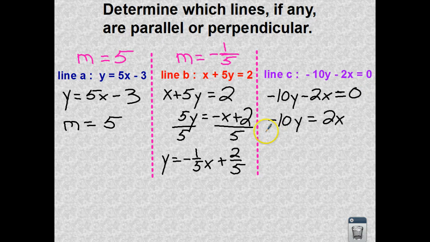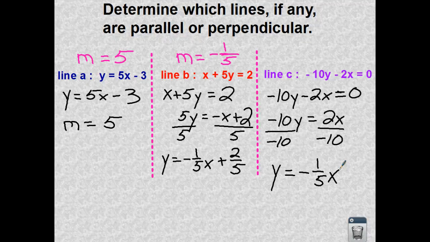Divide both sides by negative 10. So y is equal to, reduce the fraction, we have 2 over negative 10, so that's a negative 1/5 x. And again, we don't have b here, we don't have a y-intercept. We know that this line is going to cross at the origin, so at the 0. And that leaves us with our m also equaling negative 1/5.